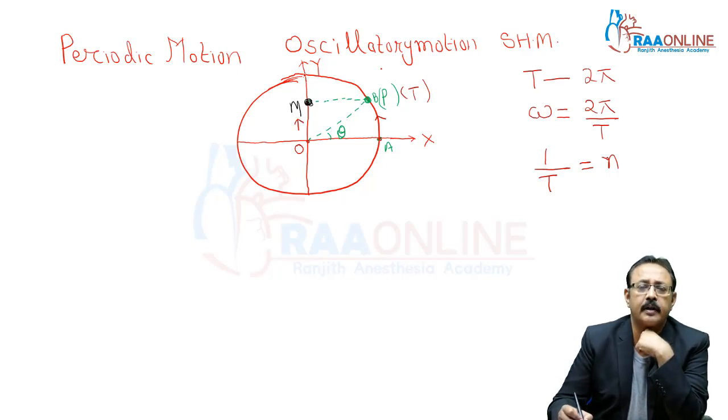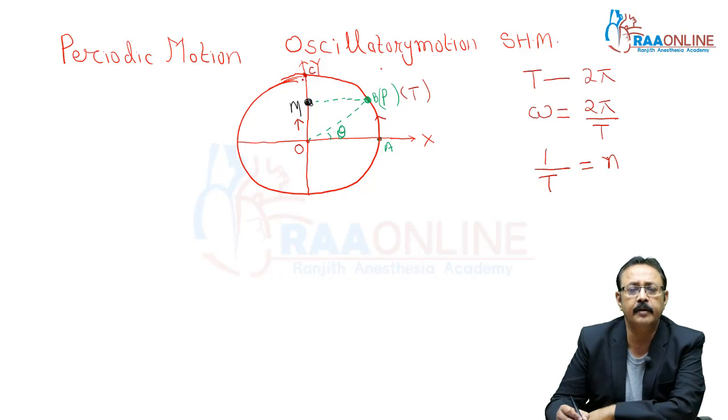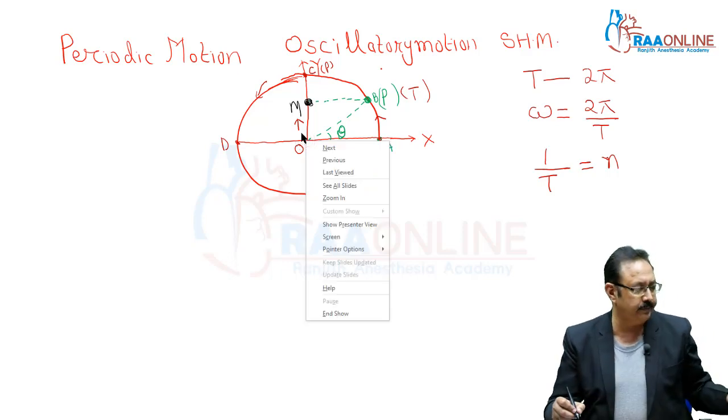When P will reach this point, say C, M will also reach C. When P starts motion in this direction, moving towards the point D, if you drop a perpendicular, M is again moving in the downward direction. When P reaches D, M will reach again at O, from where it started its motion.